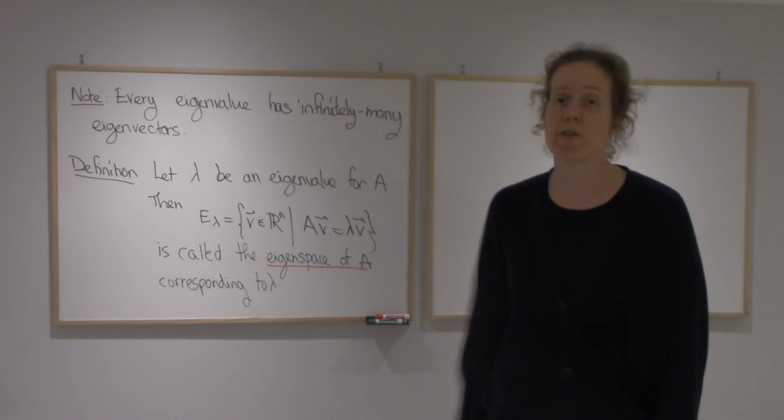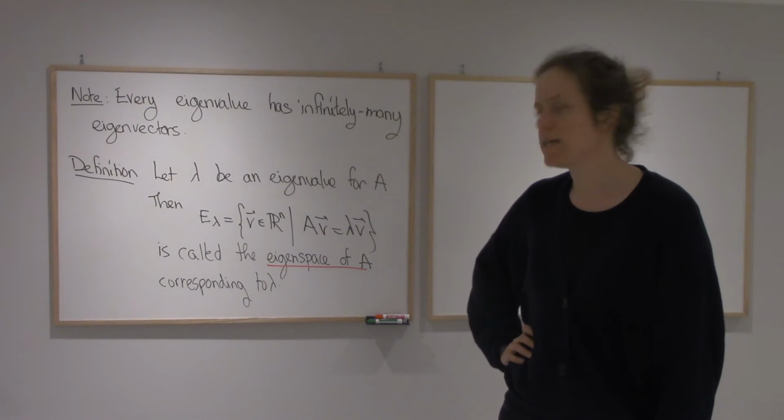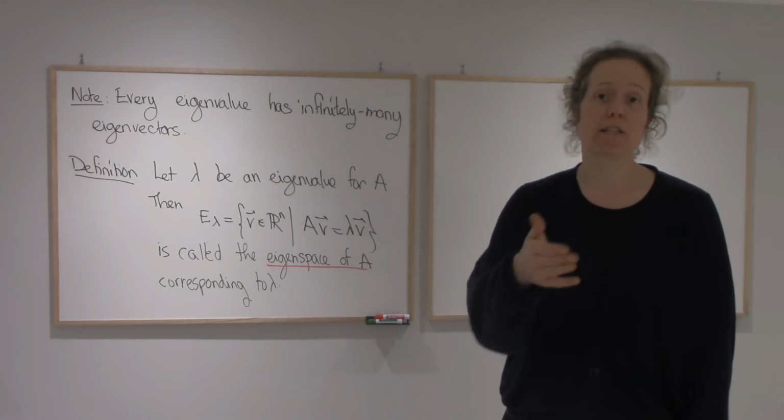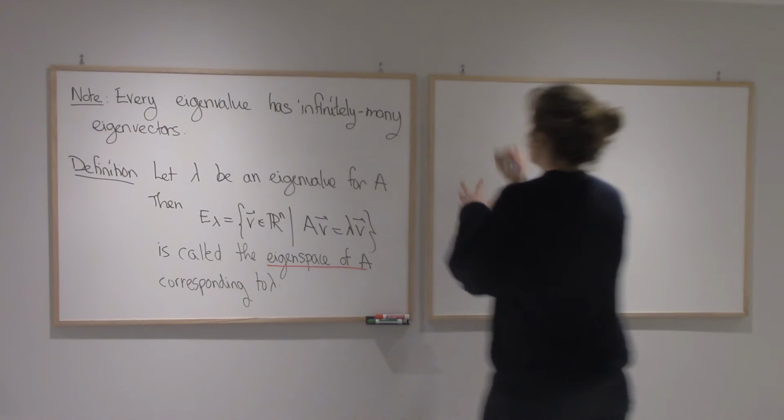Alright, so we know there are more than just one. In fact, we sort of found the eigenspace for a few cases. It turns out it's called an eigenspace because it's a subspace of Rn.